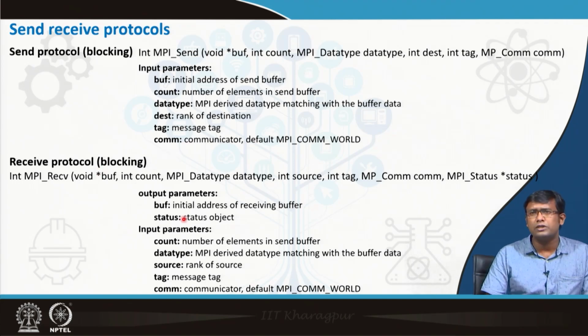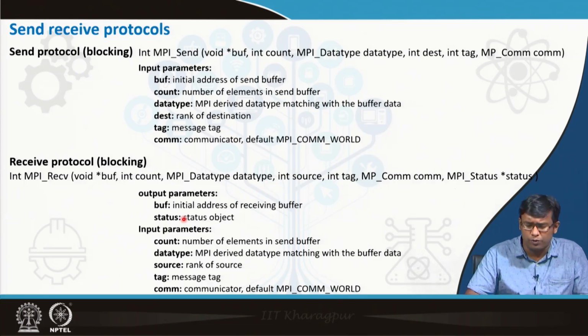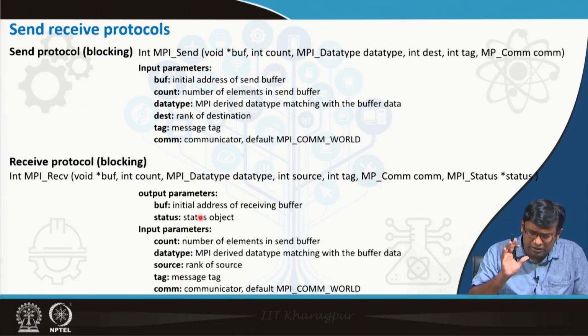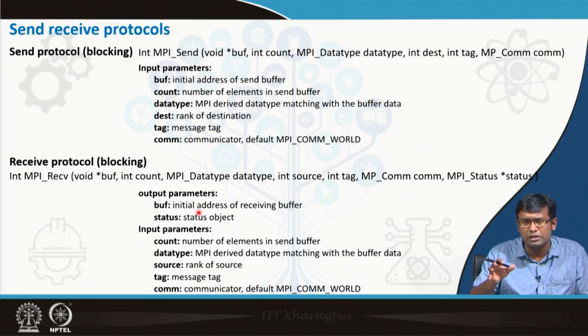Well, the other output is status. If it is successful, the status is success, and we call it MPI success. It is a different type of variable. It is a structure variable, and the output is MPI success. So, if the data transfer process has been successful, then the status will be MPI success. So, these are the outputs: the data received, that is the output of the receive call, and the status, successful or not.